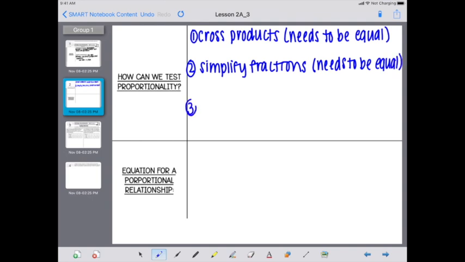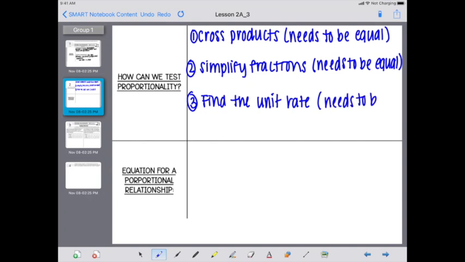And the third way is find the unit rate, and the unit rate also needs to be equal for both fractions.